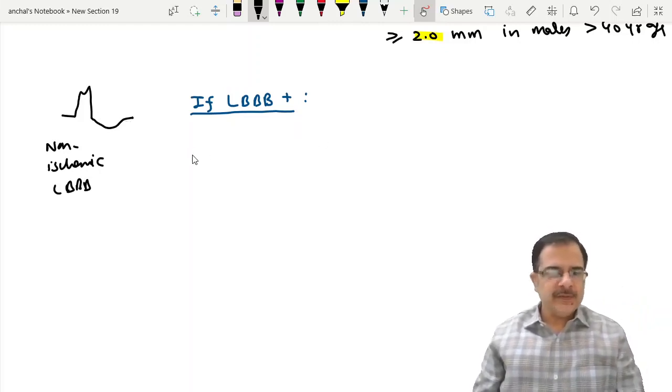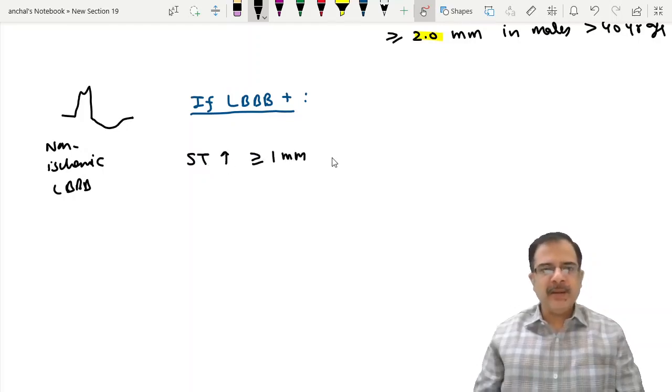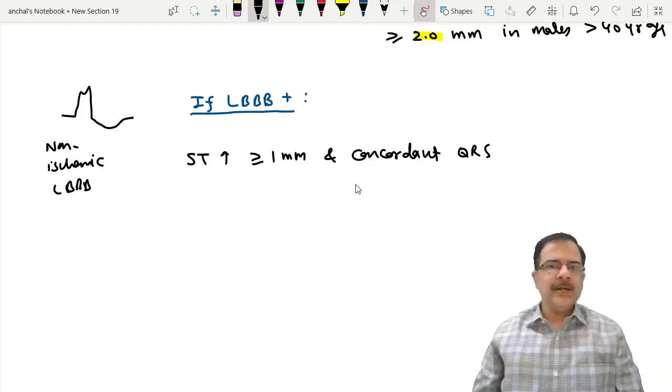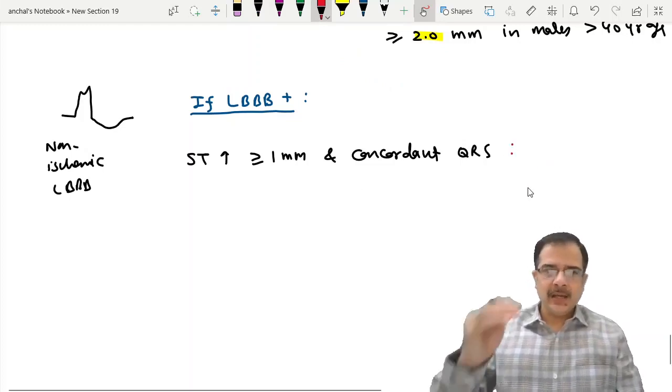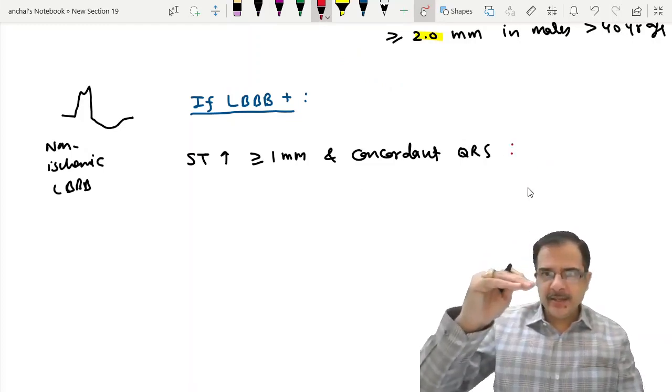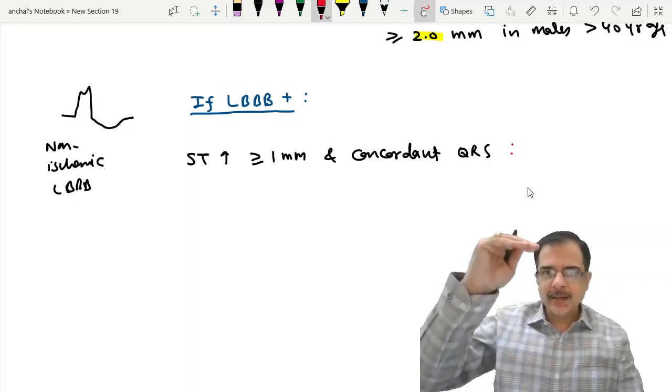ST changes will be ST elevation of more than or equal to 1 mm with concordant QRS. What does this mean? Concordant QRS means that the ST elevation is there and the QRS is positive.